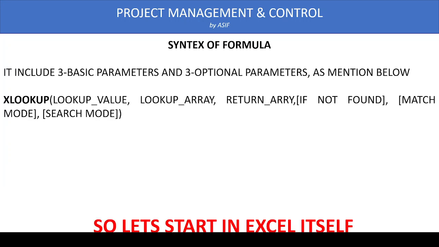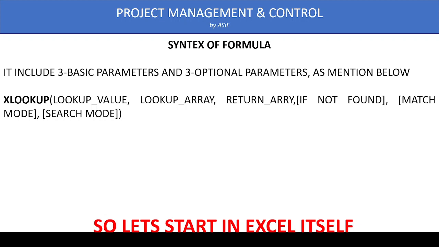Now we will see the syntax for the XLOOKUP formula. The XLOOKUP formula contains six parameters. Three are mandatory and three are optional. One is the lookup value, the value we have to look for in the database; the lookup array, the array where we check this value; and the return array, the set of values from where we get our required information.